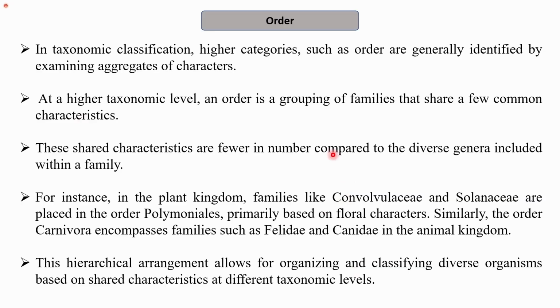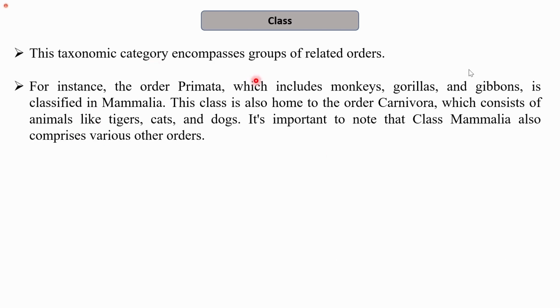The next is class, which encompasses a group of orders. For instance, the order Primata, which includes monkeys, gorillas, and gibbons, is classified in the class Mammalia.